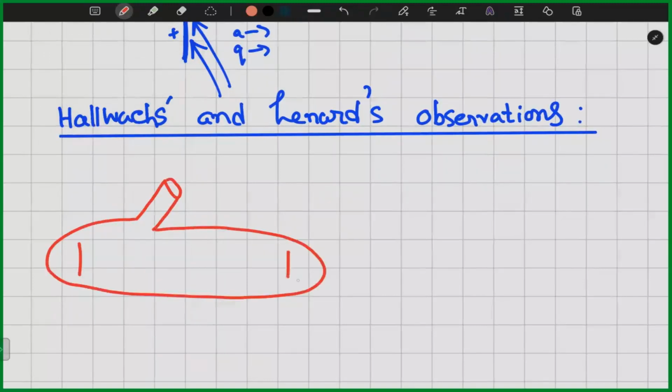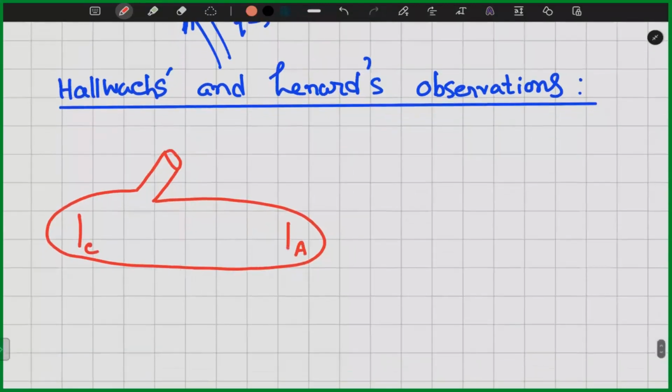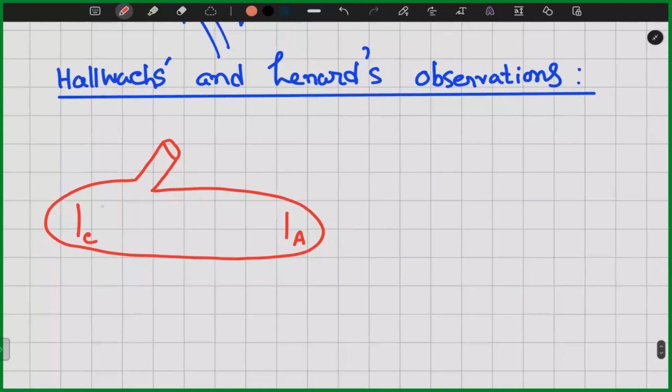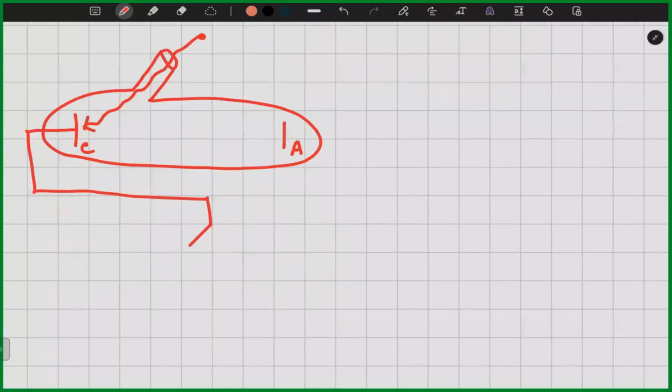My drawing is not that good. This is the cathode, this is the anode, and from here the light is coming. This figure is also given in the book.